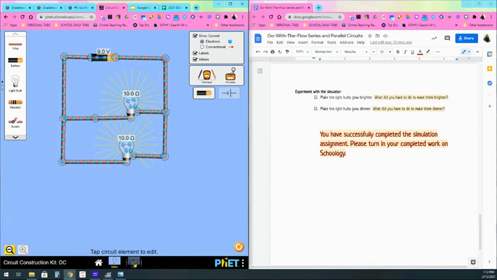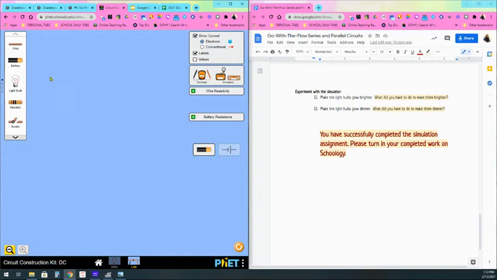So what we can do is let's go over to our lab, and we're going to increase our voltage by adding two batteries together. And we're going to see what happens to our brightness.